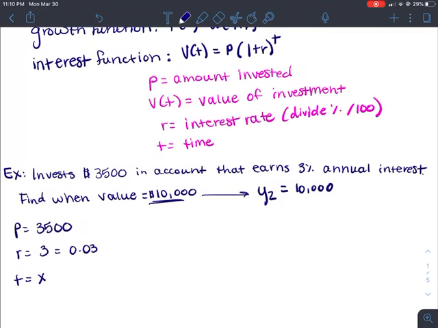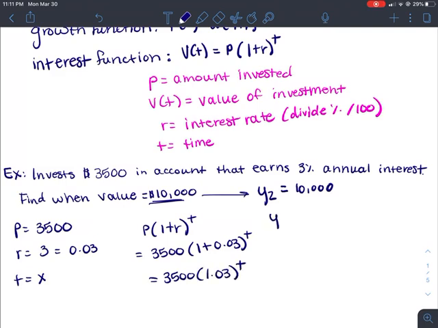And we're going to find our Y1 using our equation above: P times 1 plus R to the t power. This gives us 3,500 times 1 plus 0.03 to the t, so 3,500 times 1.03 to the t. So y1 equals 3,500 times 1.03 to the t.